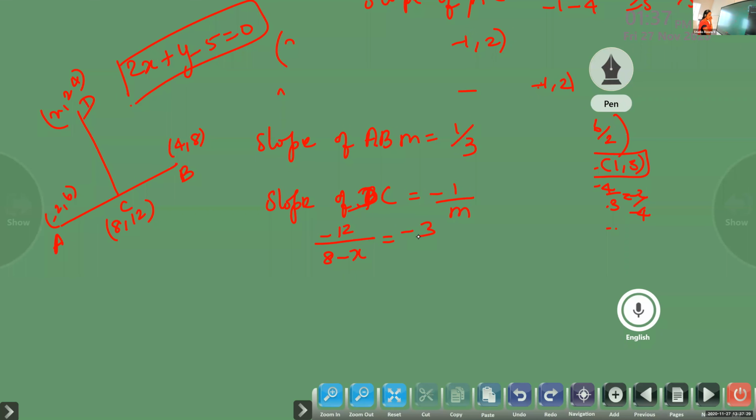Are you getting minus 12 by 8 minus x? They are perpendicular. So if the slope of AB is 1 by 3, the slope of CD will be its reciprocal and you have to change the sign. So it is minus 3.